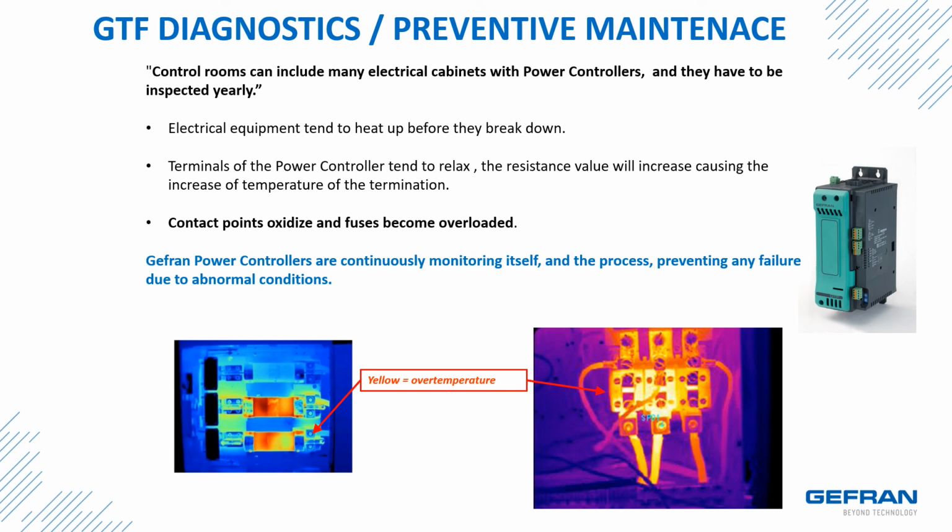One of the benefits of the GTF power controller in the larger frame 150 amp to 250 amp power controller is that it additionally monitors the temperature of its incoming and outgoing power terminations. This is important because it can alert you to potential problems prior to the terminations becoming a major issue or a point of failure.